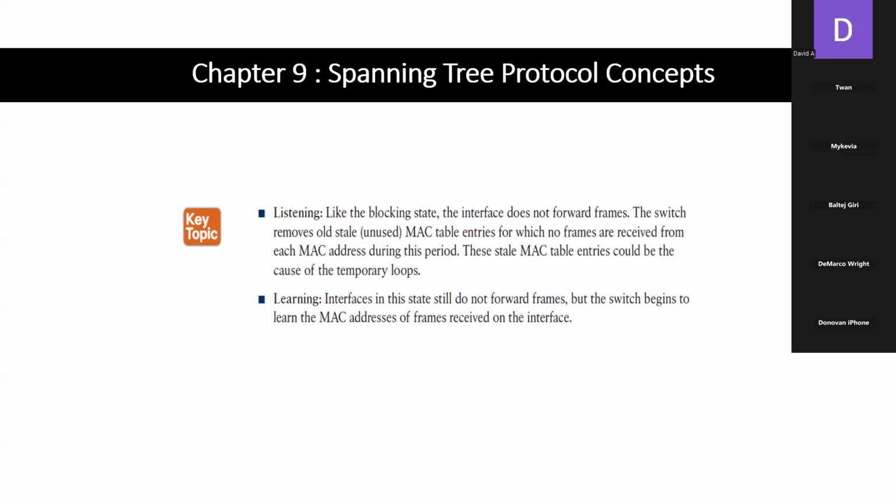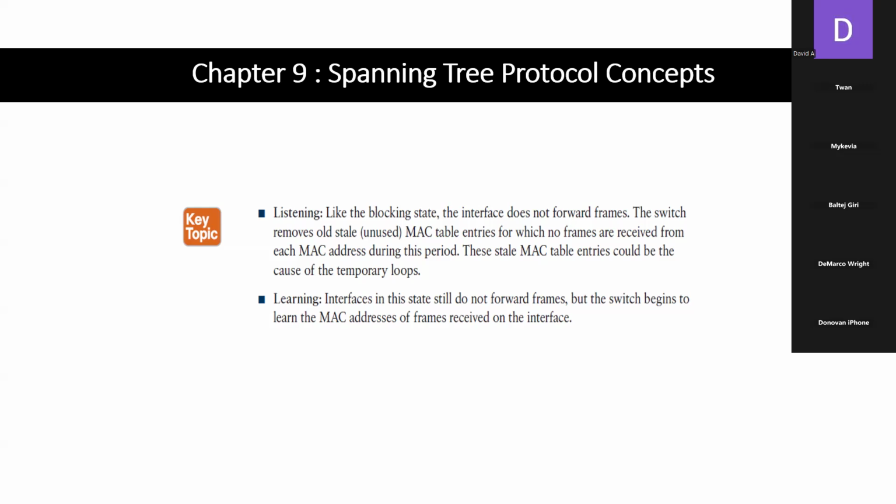As a result of this convergence event, an interface changing from blocking to forwarding requires 30 seconds to transition. In addition, a switch might have to wait for the max age timer to finish before choosing to move an interface from a blocking state to a forwarding state.